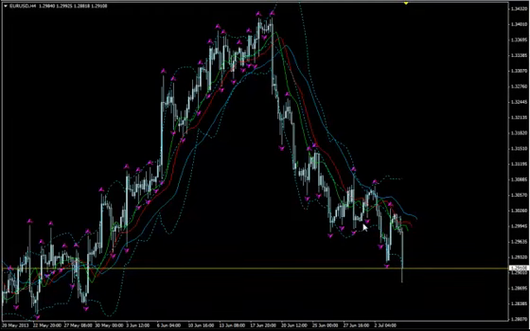This is the EURUSD pair, and today it's Thursday, 4th of July 2013, and the time is 14:54 GMT. We are looking at the H4 time frame of the pair.